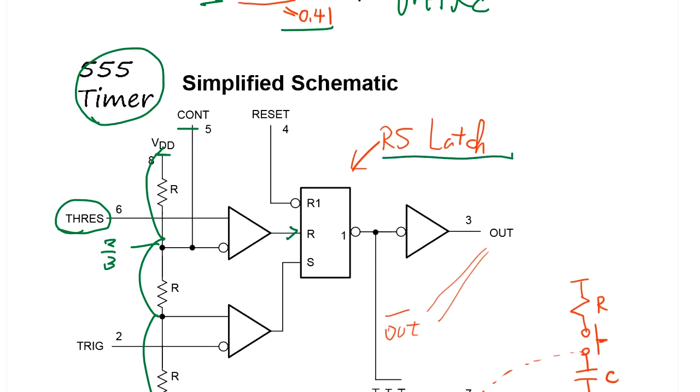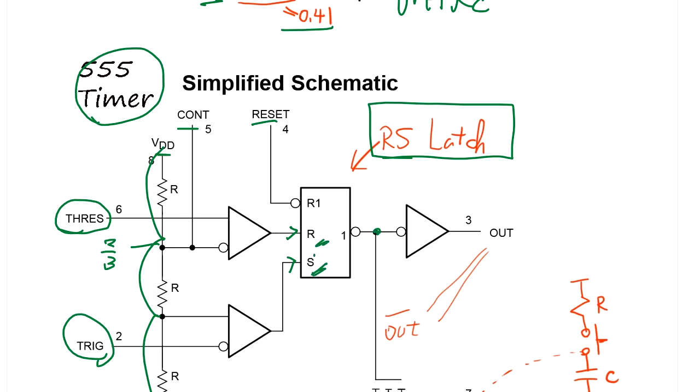This is an RS latch, and I explained to you what the RS latch is. The RS latch has a reset and a trigger. Give a signal set and reset.